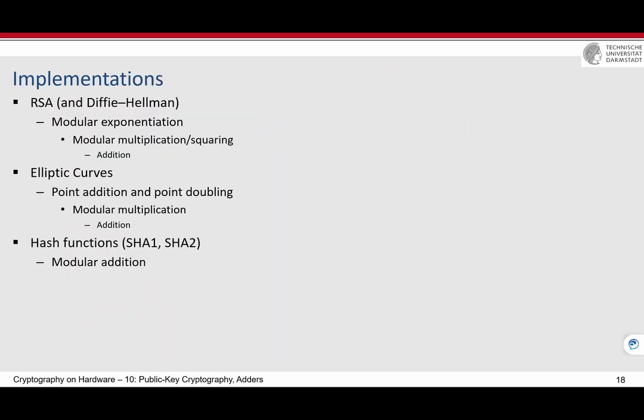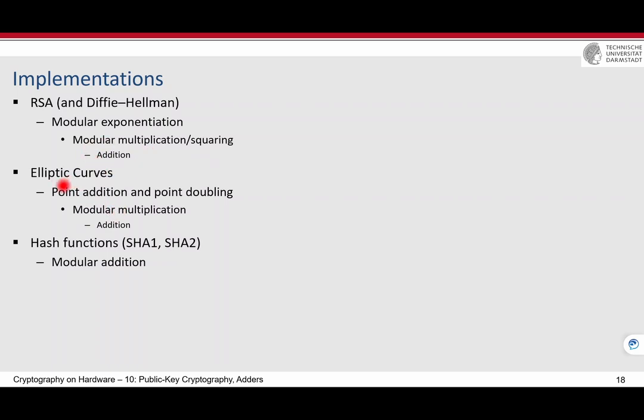The point here is that for implementing RSA and elliptic curve, and also some hash functions like SHA-1 and SHA-2, I mean, we have seen SHA-1 shortly in the previous session, for all of them you actually need addition. You need modular exponentiation, and modular exponentiation needs modular multiplication and also squaring, and that needs addition.